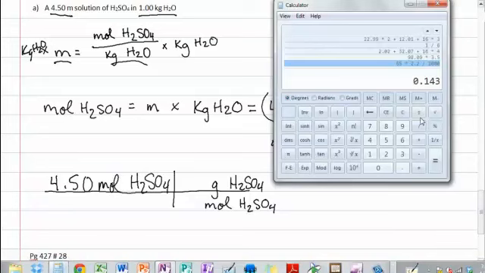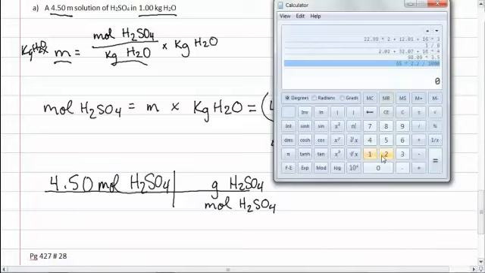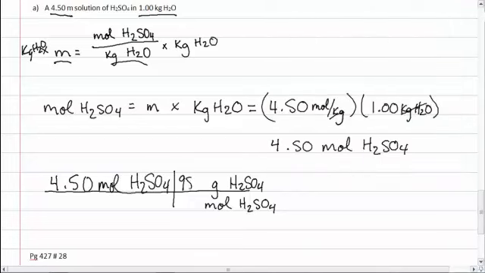So we calculate molar mass. We take the mass of hydrogen times 2 plus the mass of sulfur plus the mass of oxygen times 4. We get 98.09 grams per 1 mole. Moles cancel.